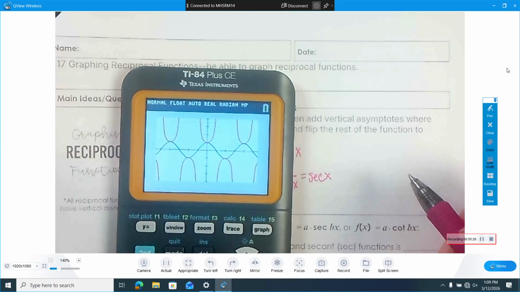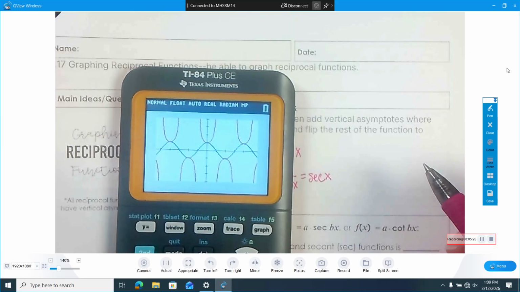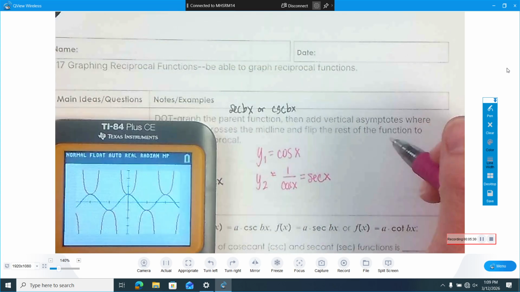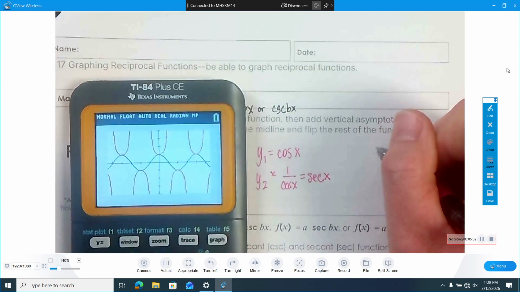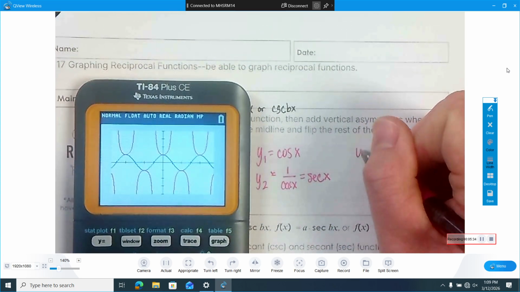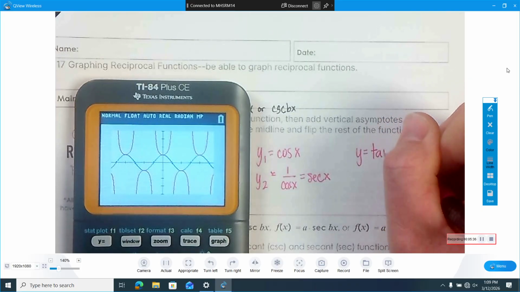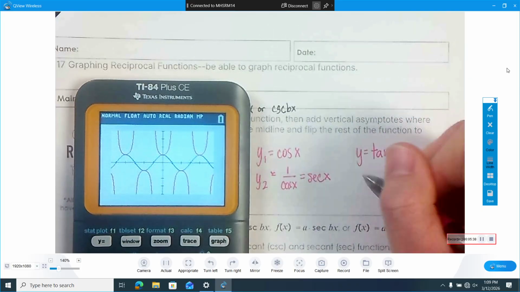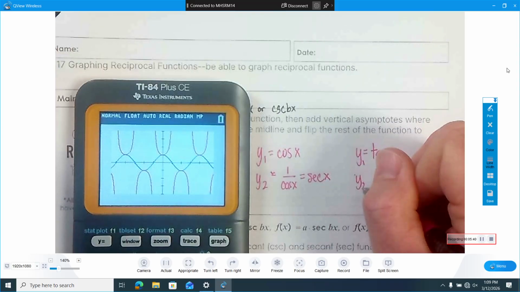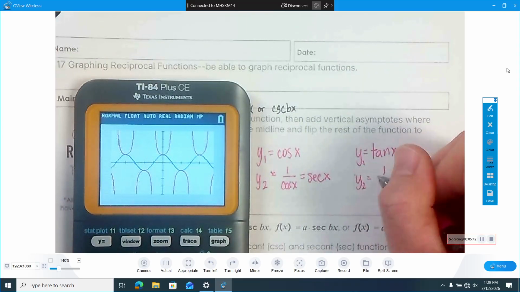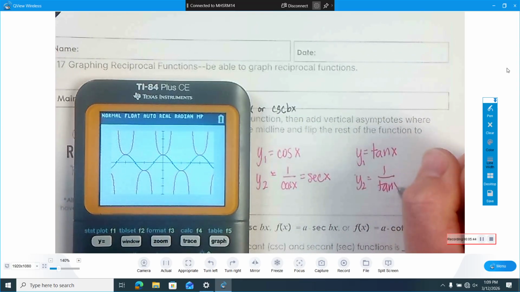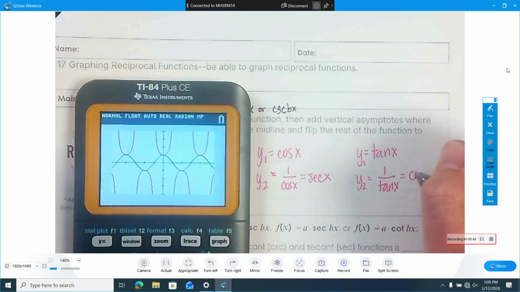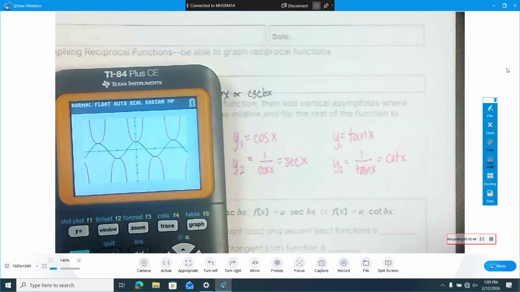Now, let's look at cotangent. So in y1 we have tangent of x, and y2, the reciprocal is 1 over tangent of x, and that would give us cotangent.